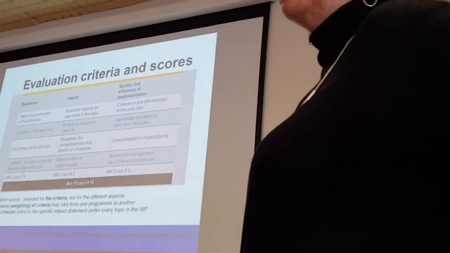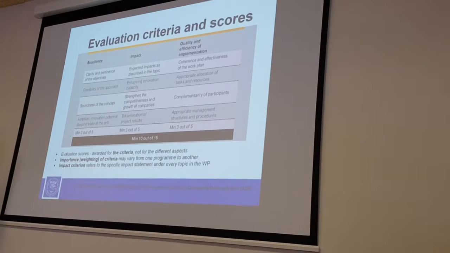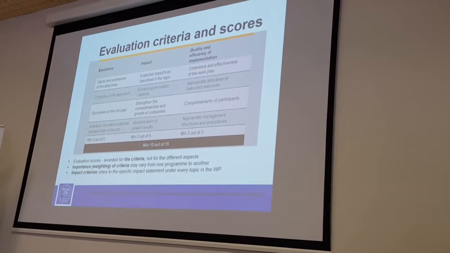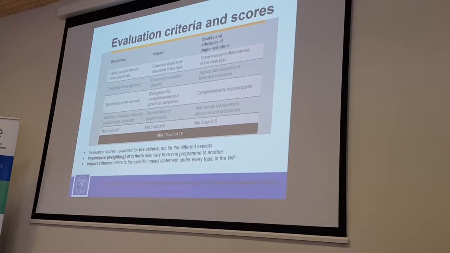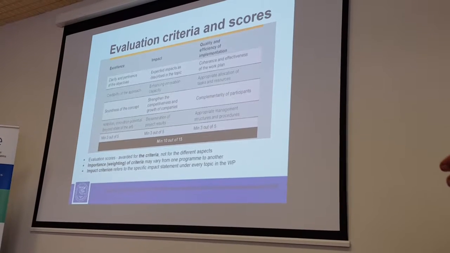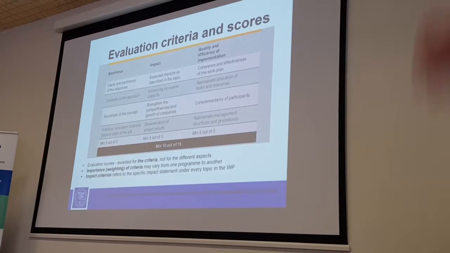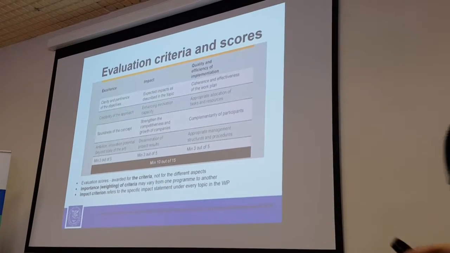What is very important to mention here is that evaluation scores are awarded for the criteria, not for the different aspects. So even though the evaluator has to address all the aspects in written form, he or she gives you 1 mark, 1 score for 1 criterion.